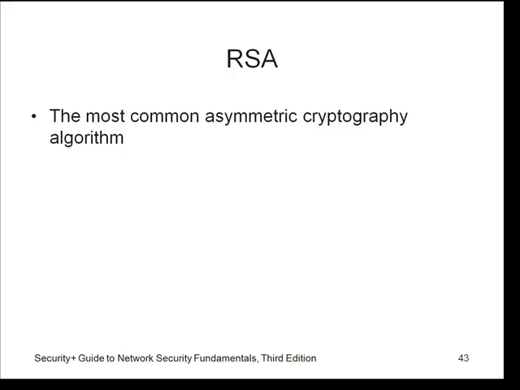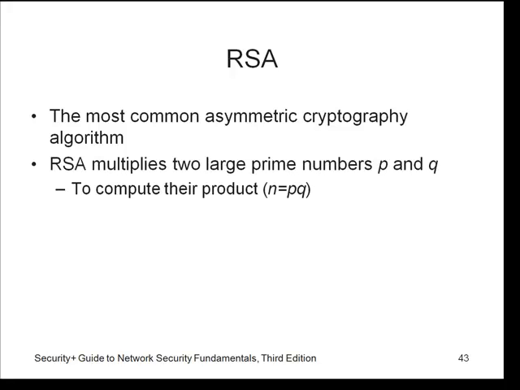RSA, the most common asymmetric algorithm, multiplies two large prime numbers, P and Q, to compute their product, N equals PQ, so that when you do these things, each of them uses one or the other. I think there's a little demo on the Moodle page that I found at some university where you can produce those things and it will produce the product.